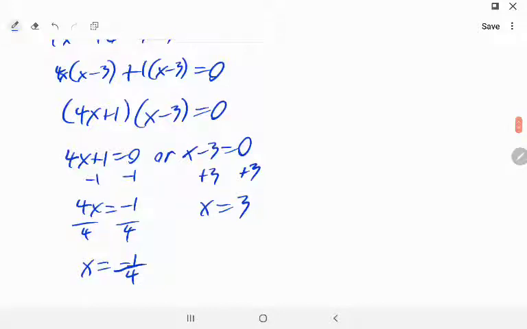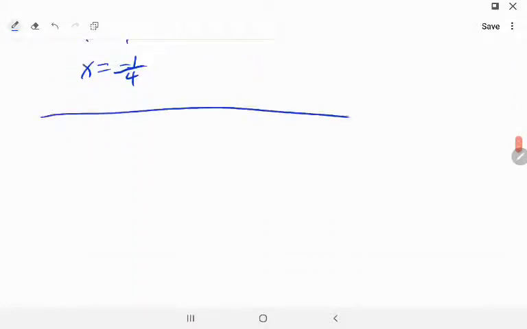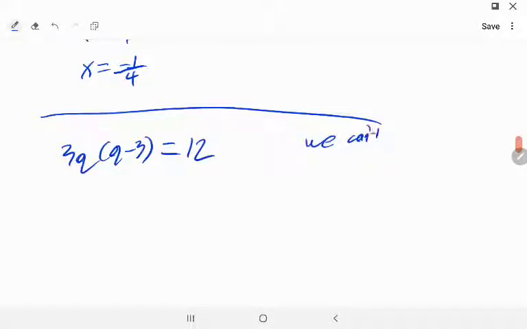We have to be careful. Sometimes things won't be arranged quite the way we'd like. If we had something that looked like 3q times the quantity q minus 3 is equal to 12, we can't just say 3q equals 12 or q minus 3 equals 12.